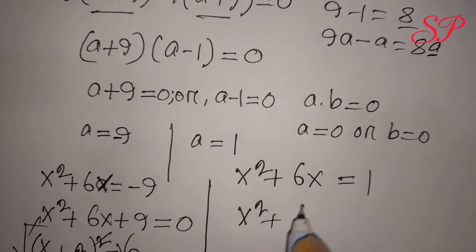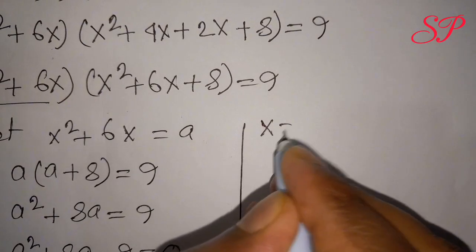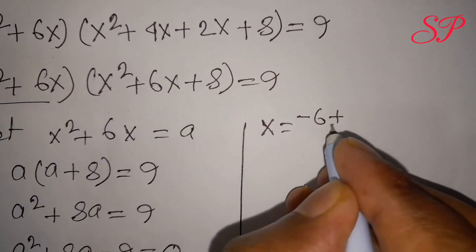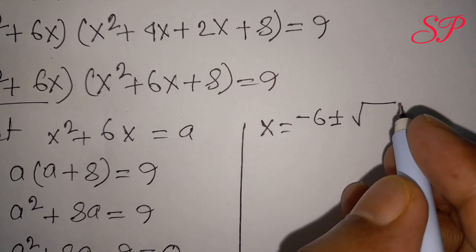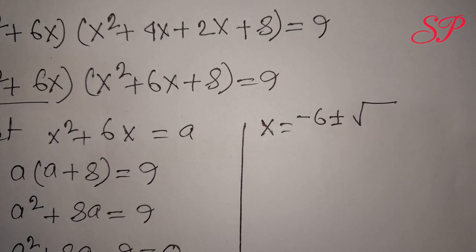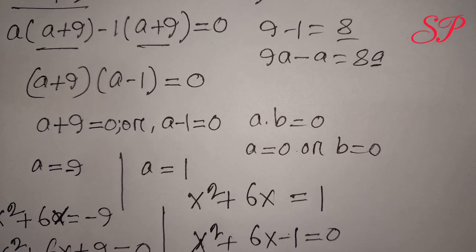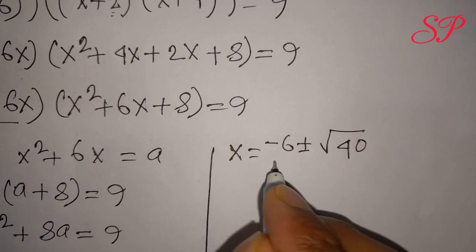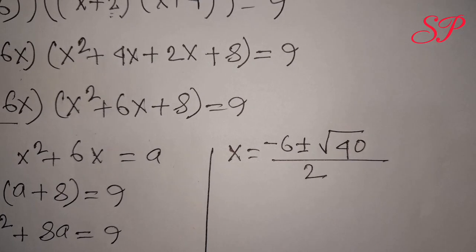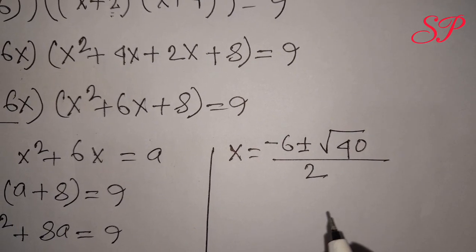So x square plus 6x minus 1 is equal to 0, and x is equal to minus 6 plus minus root over b square minus 4ac. Here c is minus 1, so minus 4 times minus 1 is plus. So here it is 40 by 2.